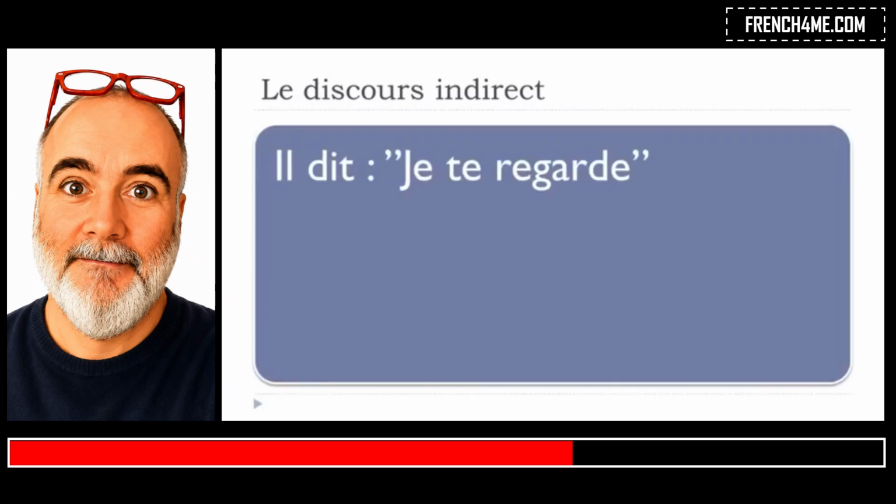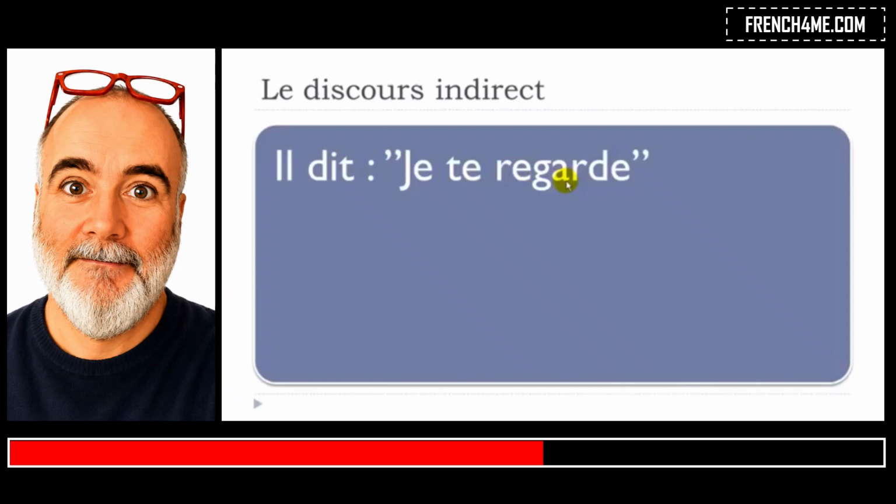Il dit, je te regarde. Same thing, so il dit, he says, je te regarde. If you remember, we saw these pronouns before, so I am looking at or watching you. In French we put these pronouns before the verb.